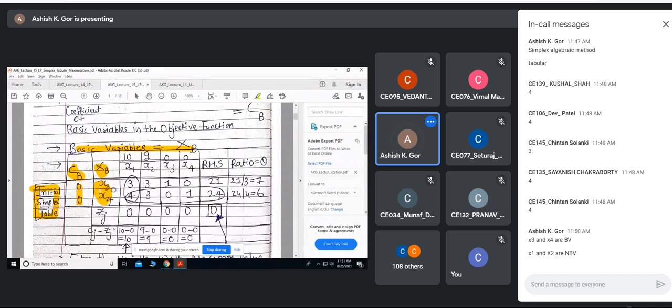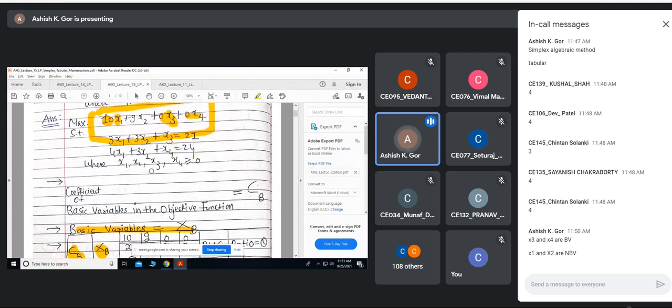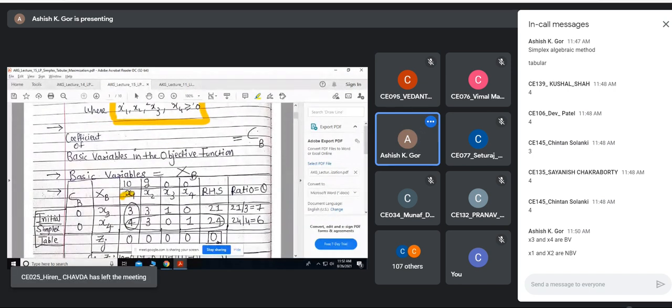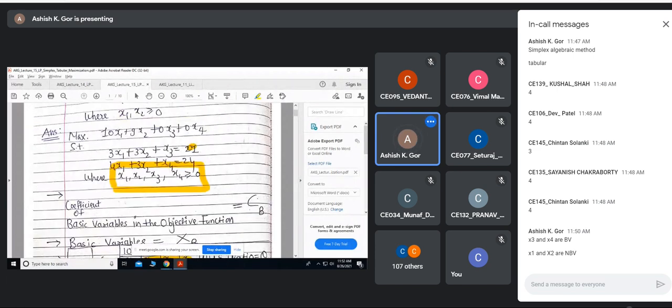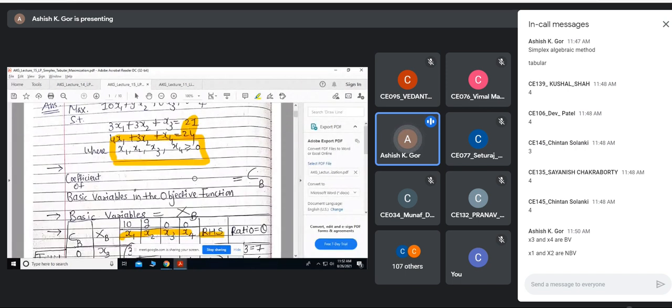Now I make as many columns as I have variables in total. I have a total of 4 variables, x1, x2, x3, x4, so I create 4 columns. There is also the right-hand side, whatever is after the equals sign, that is RHS, under RHS.